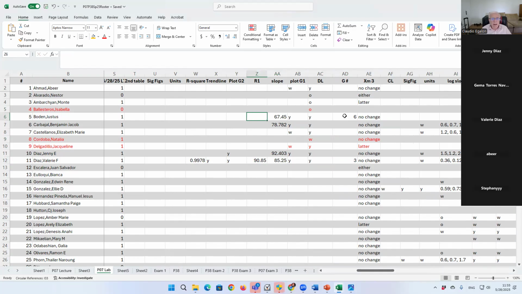And did you find out what's the value of R1 there, in the cell for the R1? $65.05. Okay, $65.05.